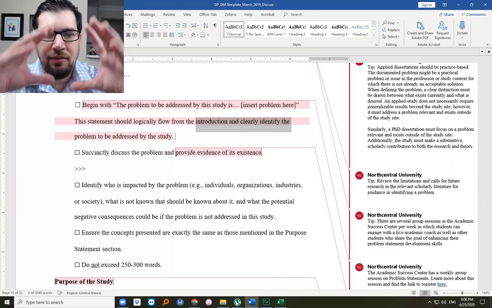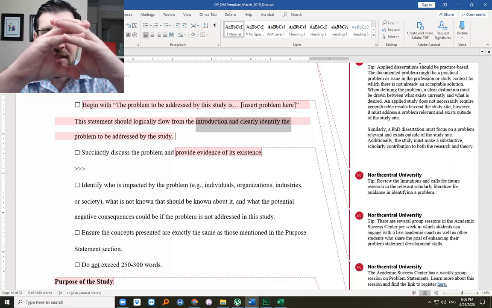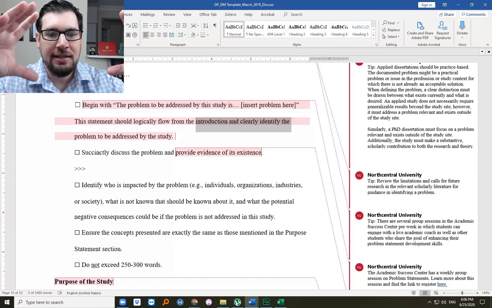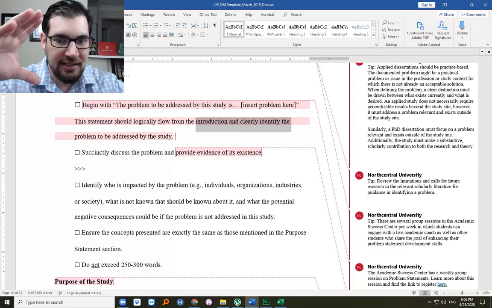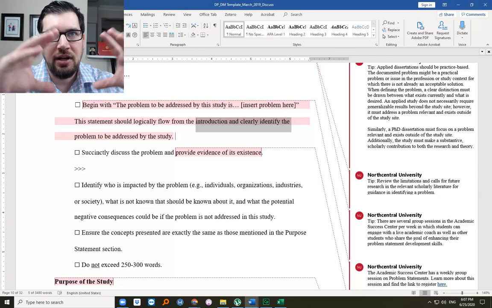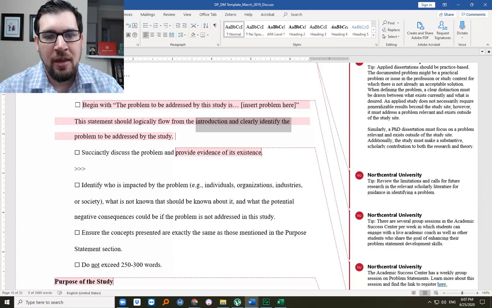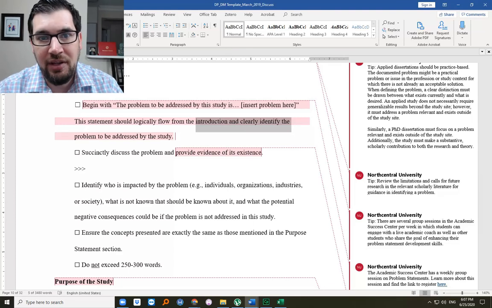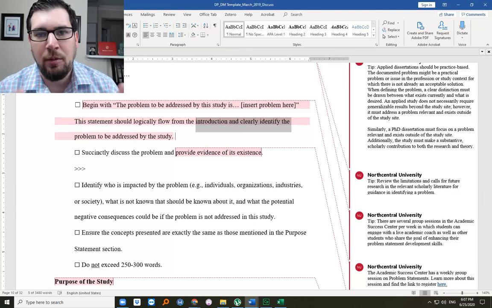Think of a close lens versus a wide lens. You don't want it to be so wide that you can't deal with it in a research study, and you don't want it to be so tiny that there's not enough evidence. I think of a house in need of repair. Well, you might say the stairs are cracked.